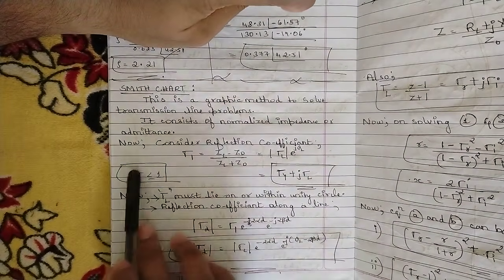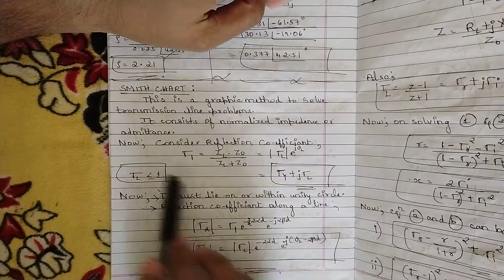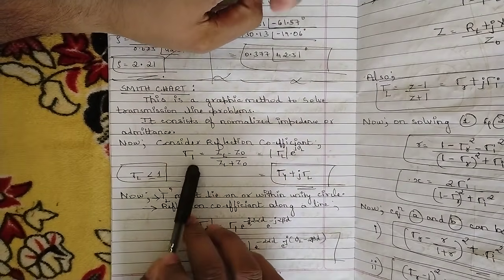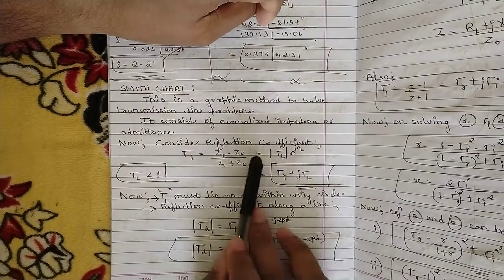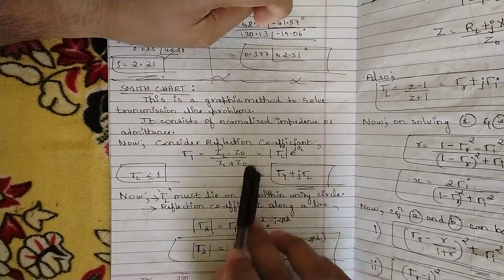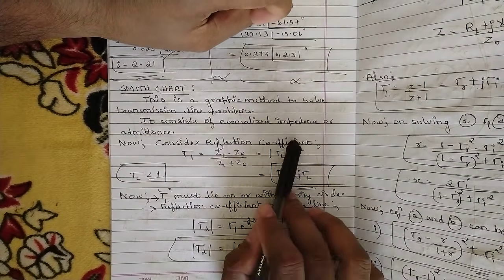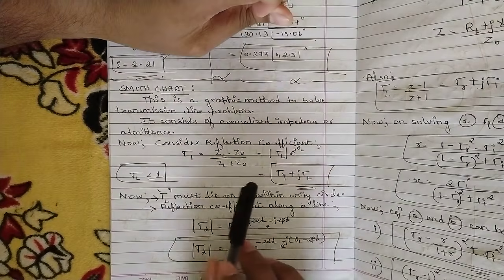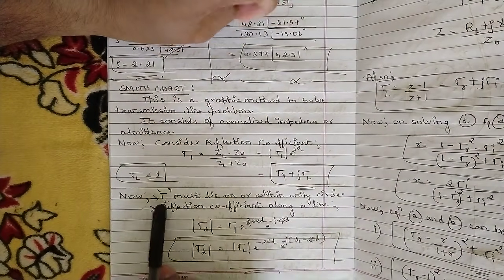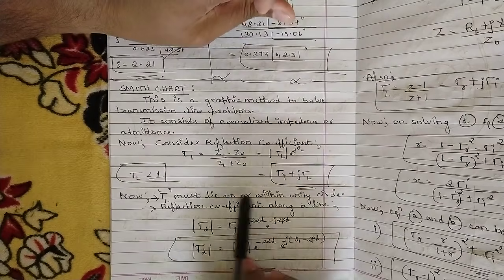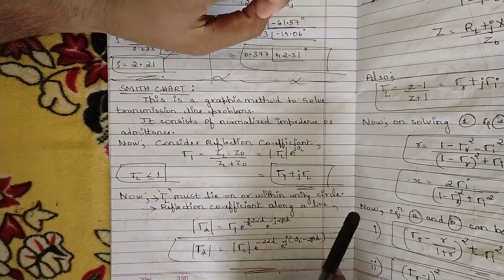So now consider the reflection coefficient. In this case let us consider it as gamma L, that is given by ZL minus Z0 divided by ZL plus Z0. It can also be written as magnitude of gamma L e to the power j theta L, where magnitude of gamma L is less than or equal to 1. Now gamma L must lie on or within the unity circle. Why?